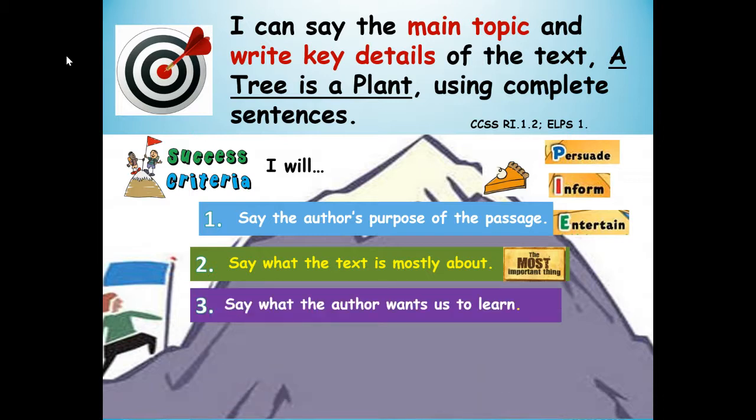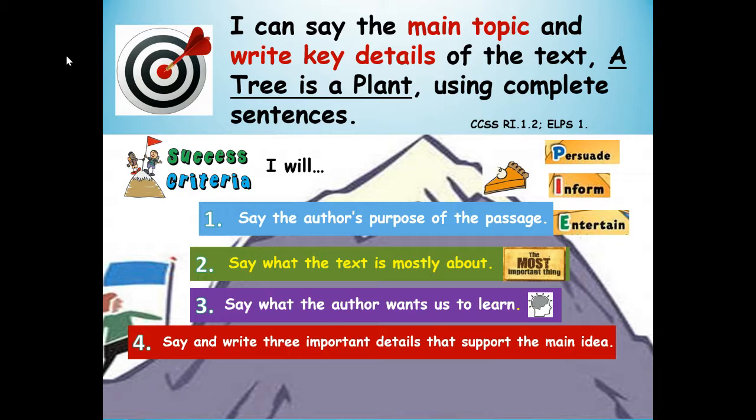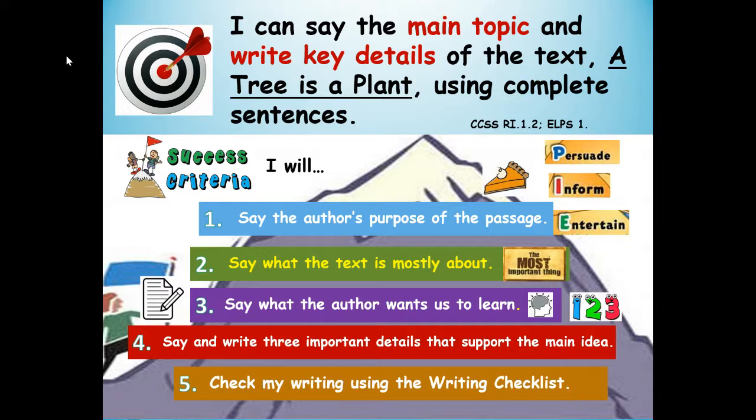Number 3, I will say what the author wants us to learn, and that's related to the main idea. Number 4, I will say and write 3 important details that support the main idea. And number 5, I will check my writing using my writing checklist.